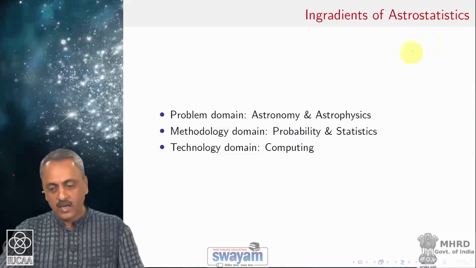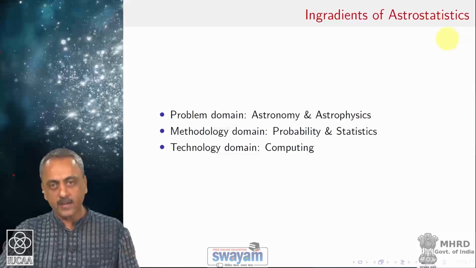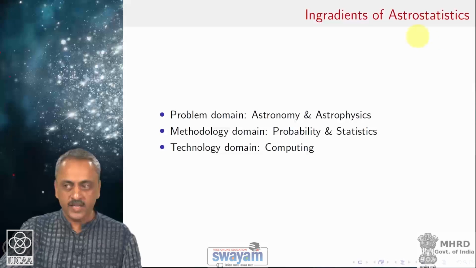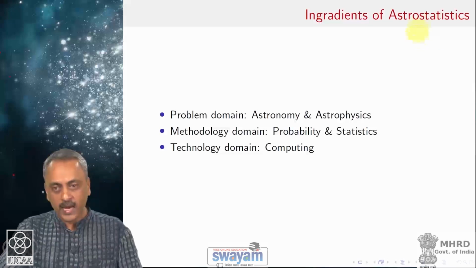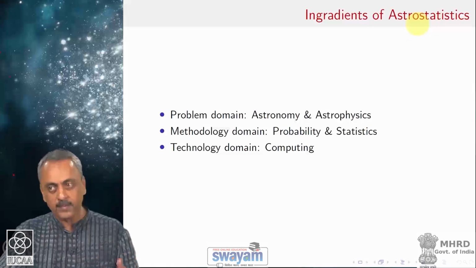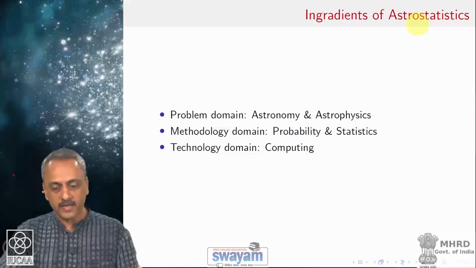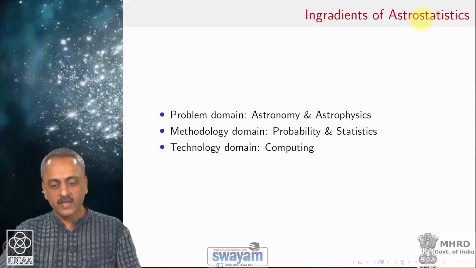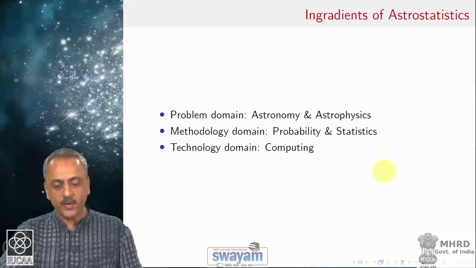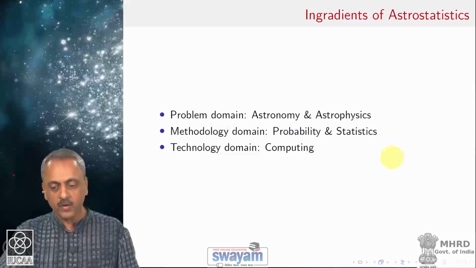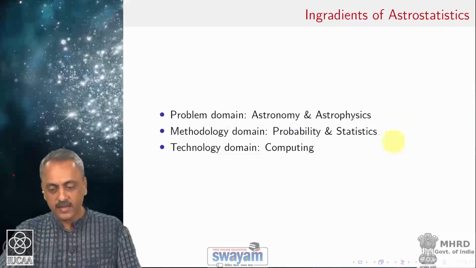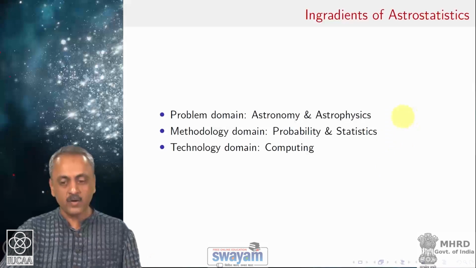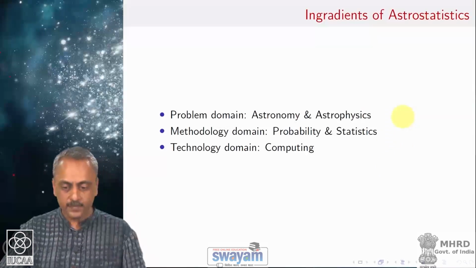So, because of data rates soaring up over the past few decades continuously, with better precision in instruments, better ability to make measurements and grab data from your instruments, this aspect of computing is getting more and more important. But again, all three aspects are important for astrostatistics.